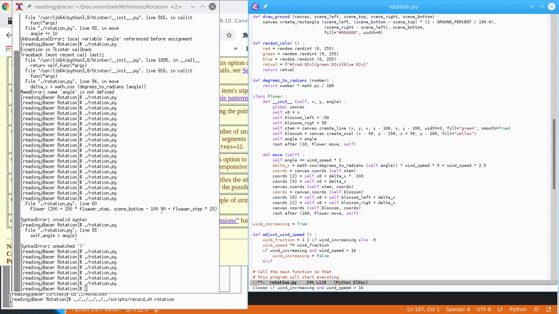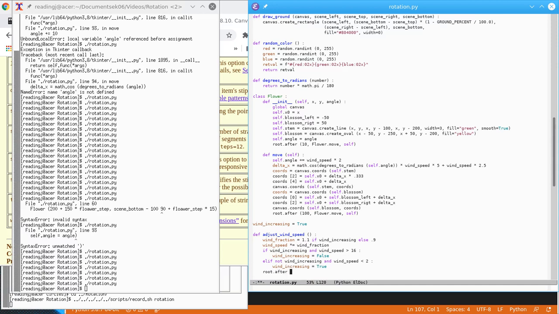If wind decreasing, not wind increasing, and wind speed less than 2, wind increasing equals true.